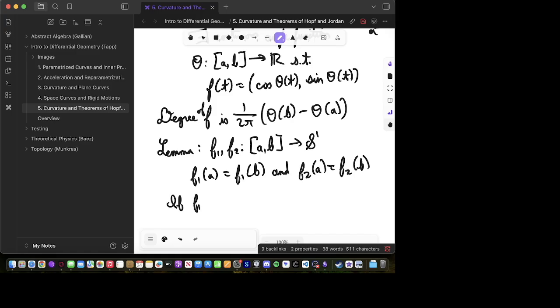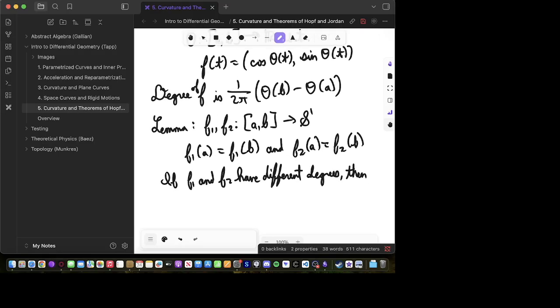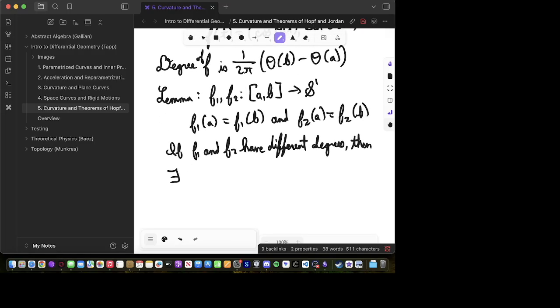If f1 and f2 have different degrees, then there exists some t naught between a and b, including a and b, such that we have that.